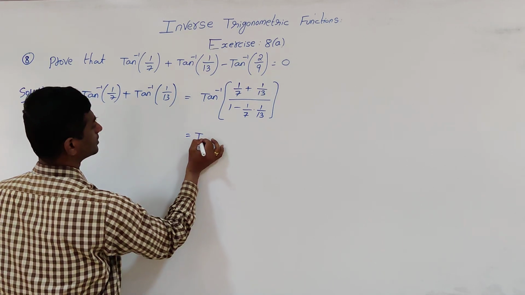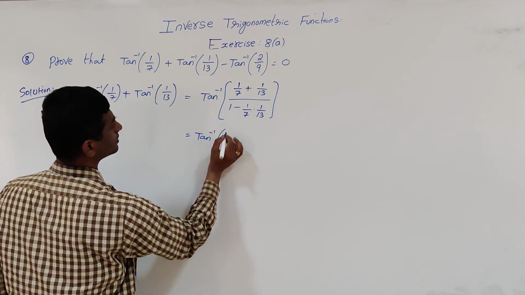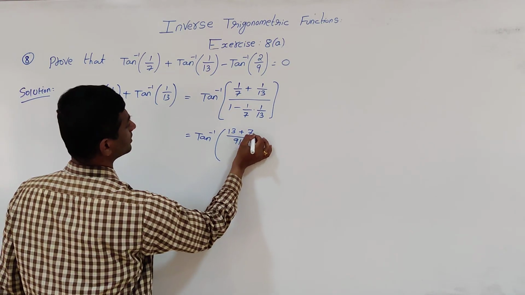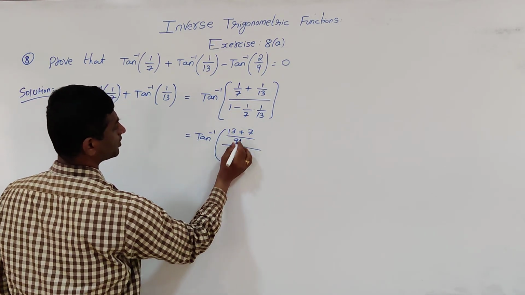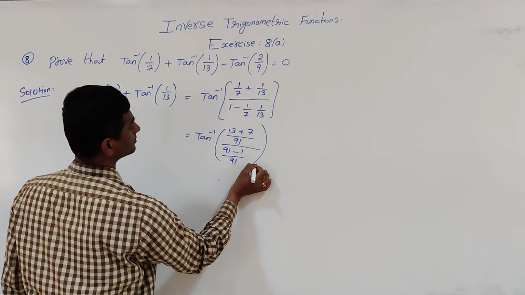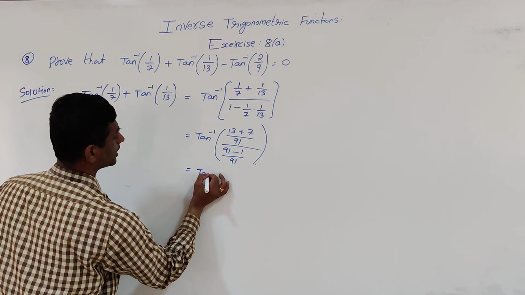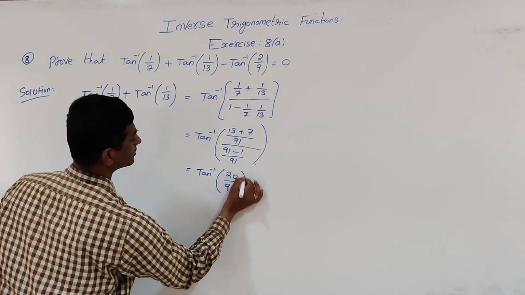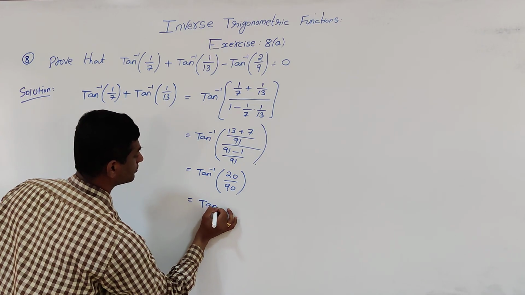That is tan inverse of, with LCM 91, (13+7)/91 over (91−1)/91. That is tan inverse of 20/90, which gives tan inverse of 2/9.